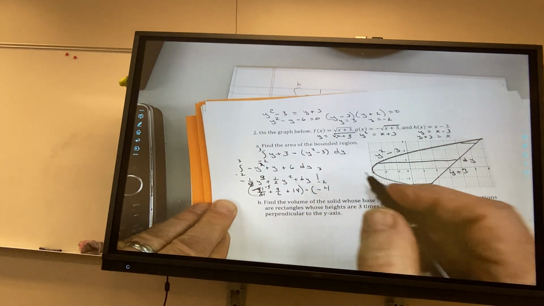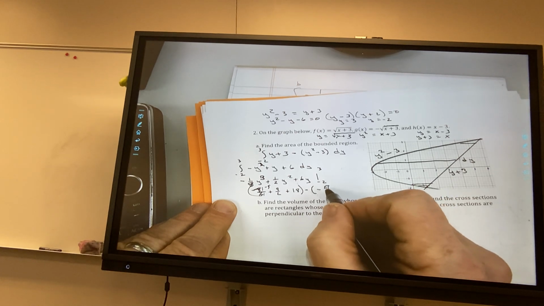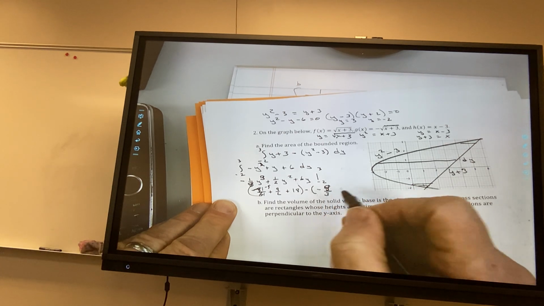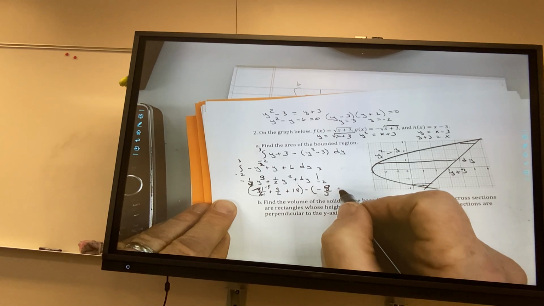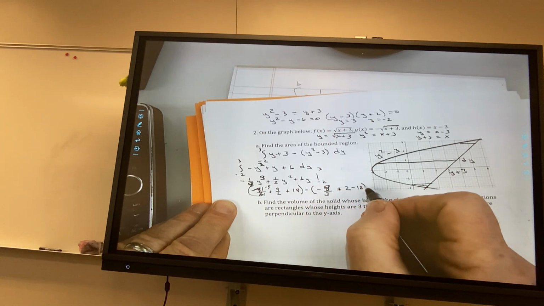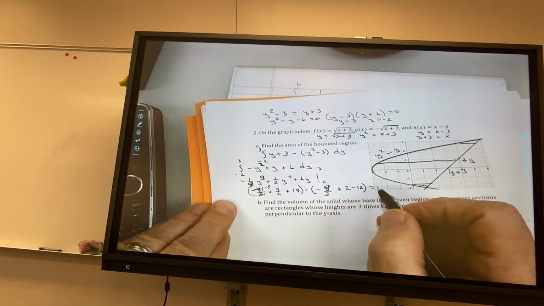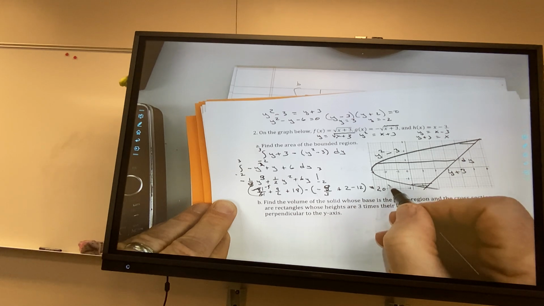Everything else is correct. And then over here, when I put a 2 in there, I'll have a negative 8/3 plus 2, and minus 12. And when I computed that, I got it to be 20 and 5/6.